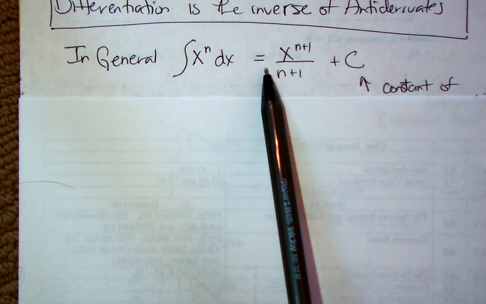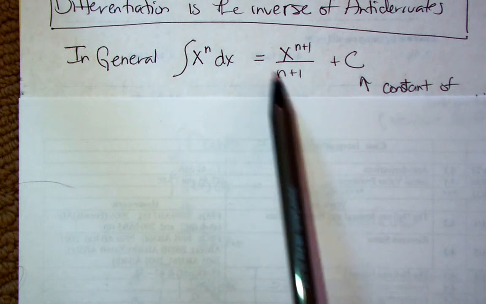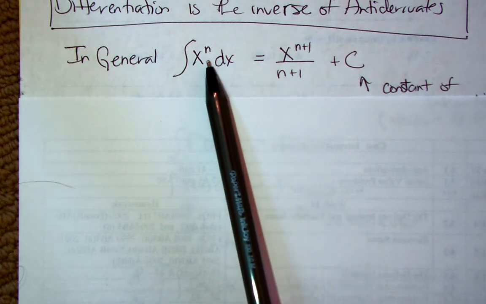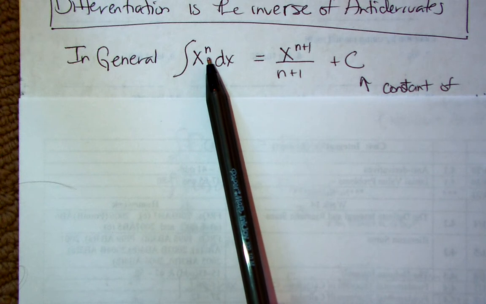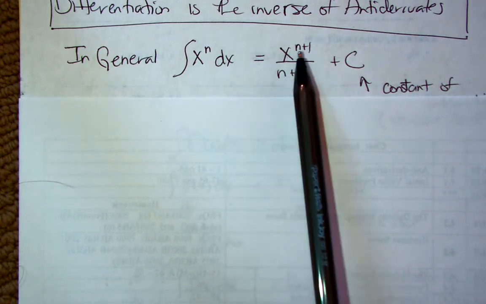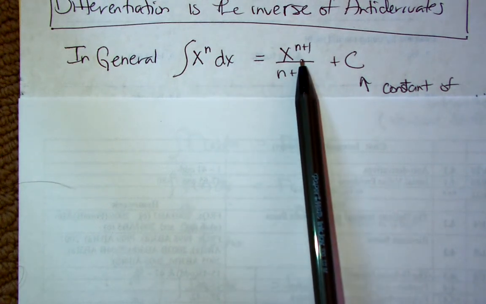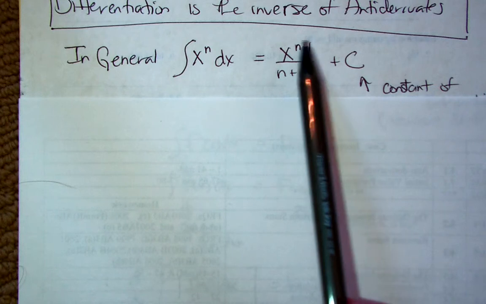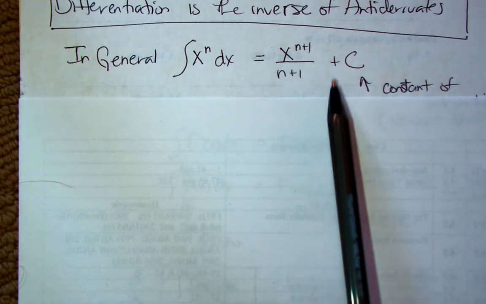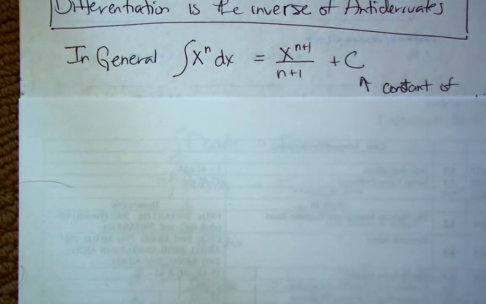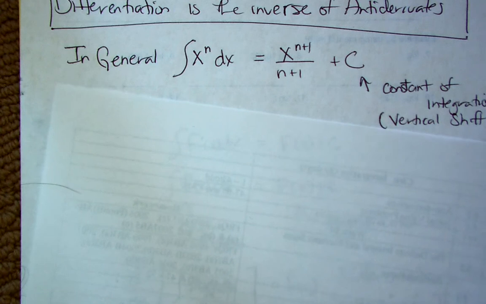Take a look at what we do in order to answer this. When you take the derivative of this, usually you decrease the exponent by 1. Now, since we're going backwards, we're going to increase it by 1 and divide by whatever our new exponent is, plus c, the constant of integration.